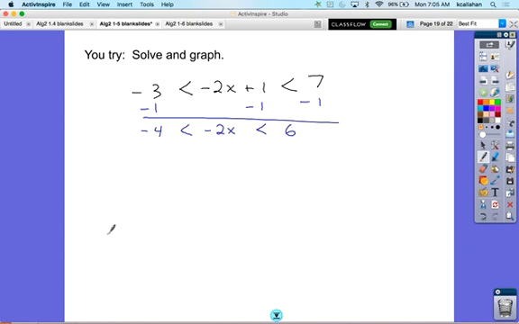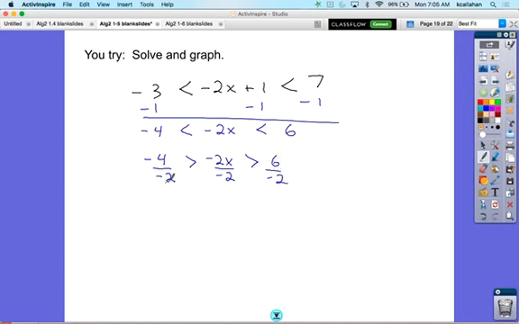Okay, this is a little tricky because now we have to divide by -2. But when you divide an inequality by a negative number, what do you have to remember to do? The answer is flip the inequality symbol. So I'm going to write this on a new line. -4 over -2 is greater than -2x over -2 is greater than 6 over -2.